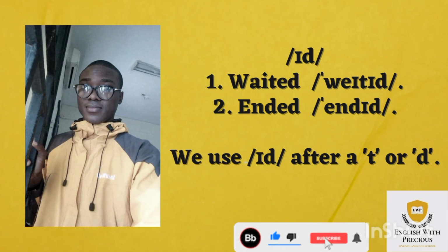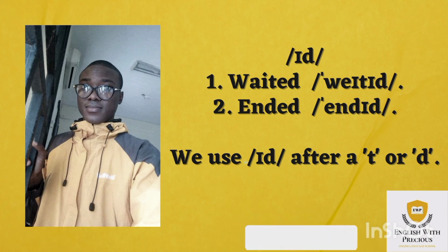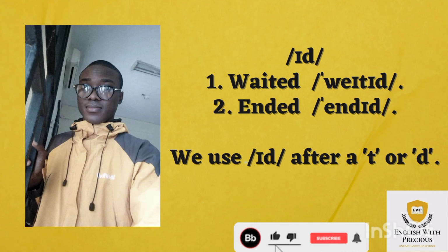Now, what about id? Well, we use this after a t or a d. It's pretty hard to say waits or ends. So we add a vowel, and we say waited, waited, ended.